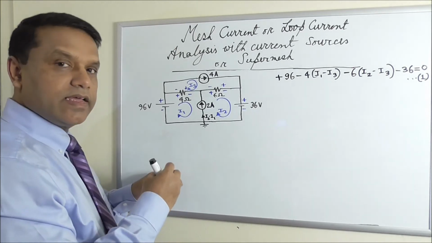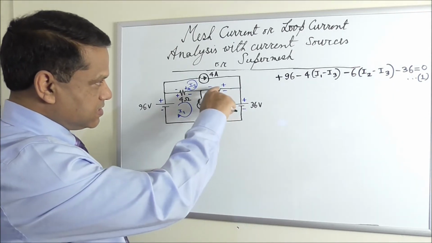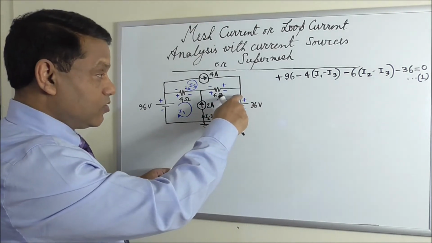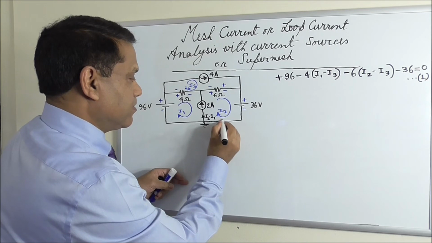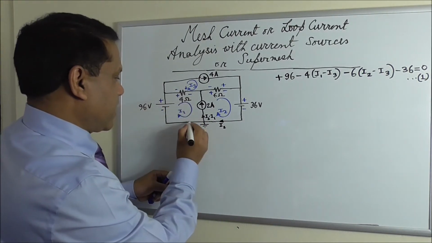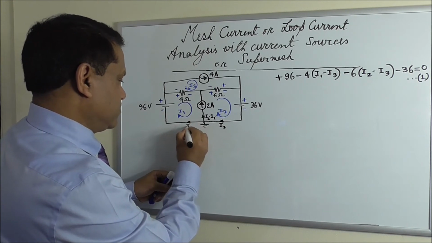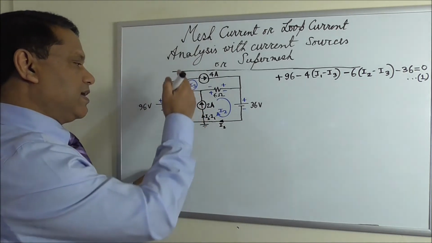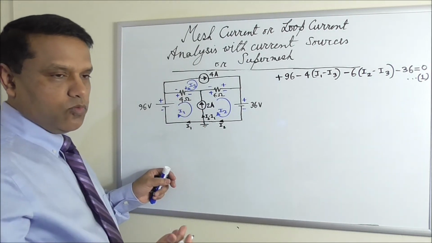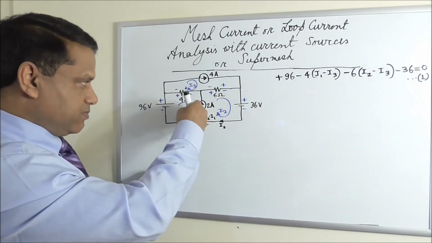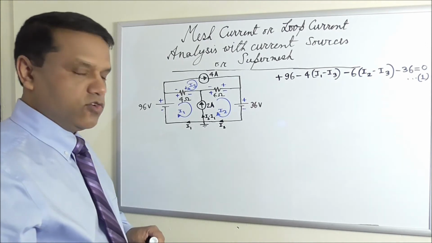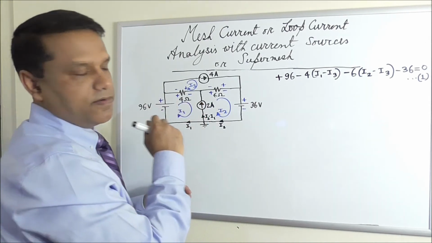You can also think in KCL way, current in this branch is I2, because I2 is the loop current, and current in this branch is this way I1. That means current here will be I2 minus I1 if we use KCL. But in a loop current way, I2 is in this branch upward, I1 is downward, so the net upward current is I2 minus I1. That is equal to 2 ampere.